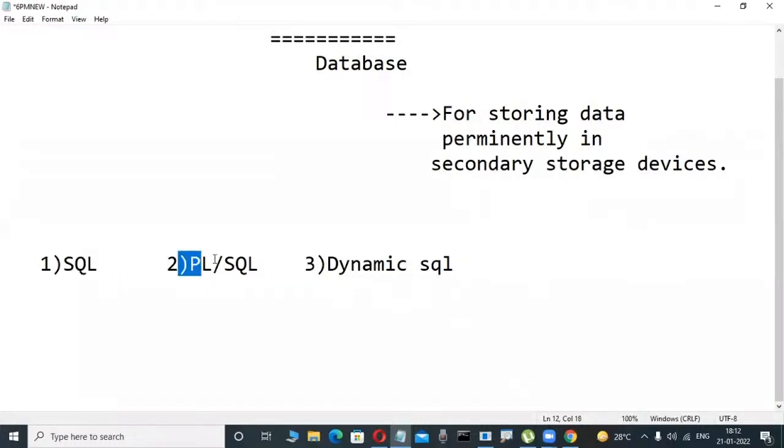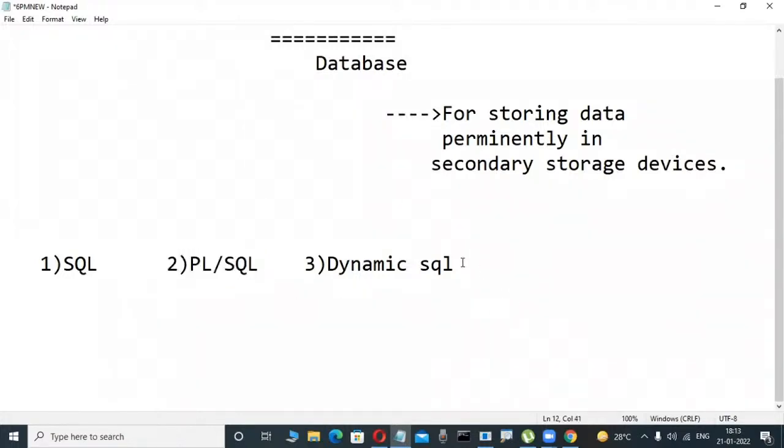But why PL/SQL, which is programming like C++ or Java? Some people say it is only procedural language extension for SQL. Why is this language really required? So many jobs are available in PL/SQL also. Why is it required? Because of so many applications.